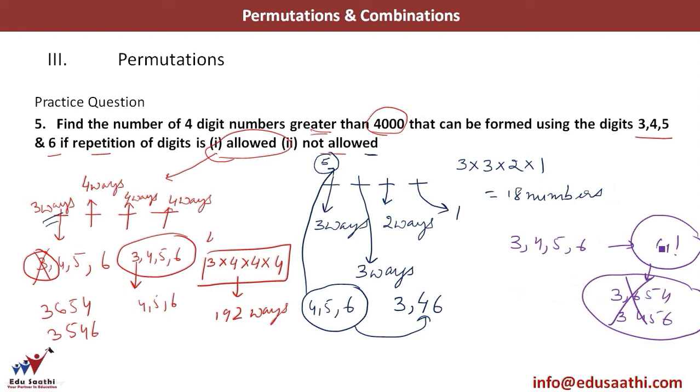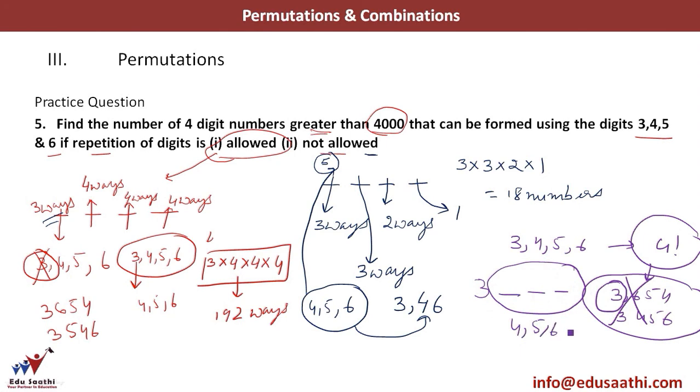So from these 4 factorial numbers, I need to deduct the numbers which start with 3. So how will I do this? I'll fix the thousands place by 3. Now I have 3 spaces to be filled, by the 3 numbers 4, 5 and 6.